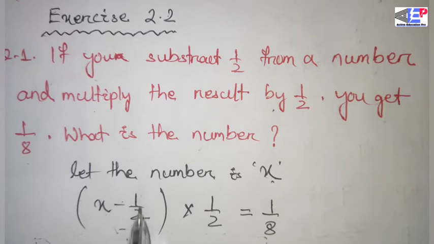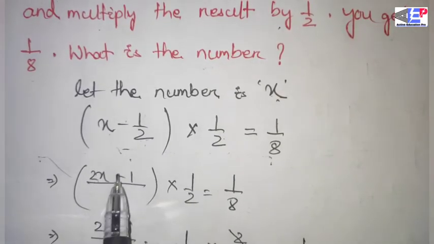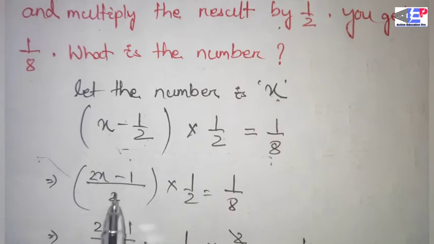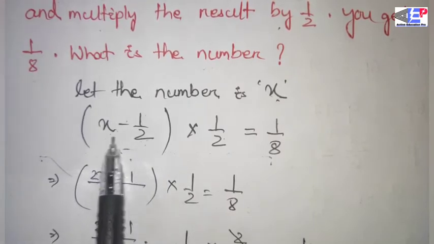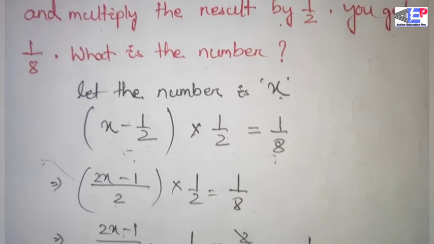Means first subtract 1 by 2, and then the subtraction result is multiplied with 1 by 2, finally you get 1 by 8. So first solve out the bracket: 2x minus 1 by 2, take the LCM, here 2 is the LCM, then 1 by 2 into (2x minus 1) by 2 is equal to 1 by 8.